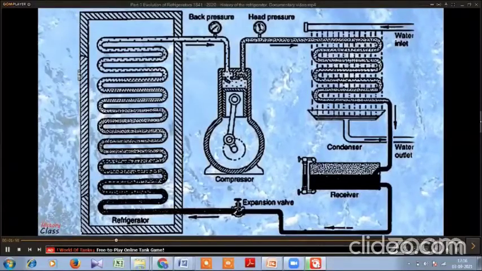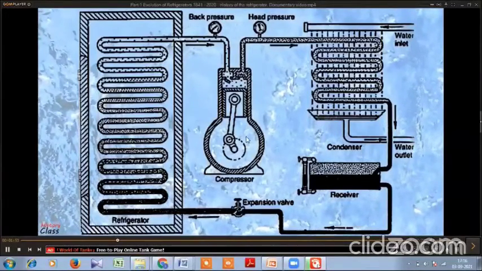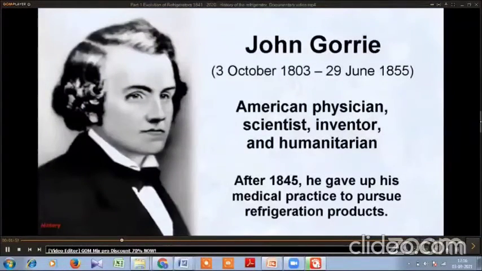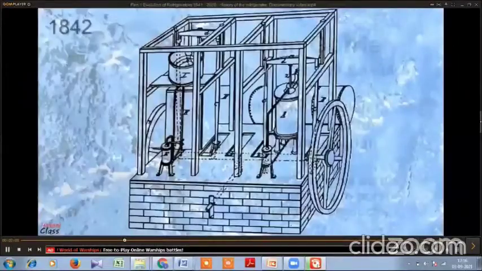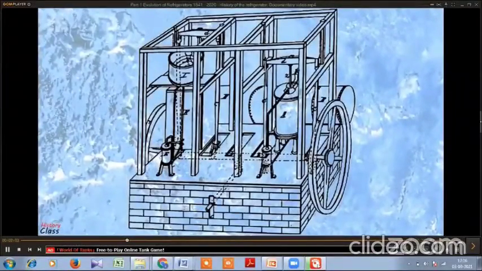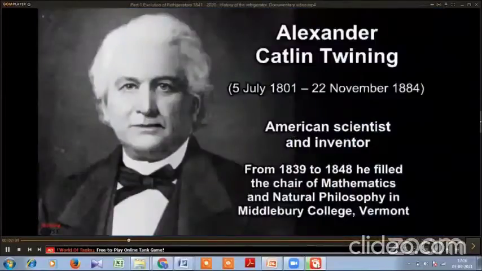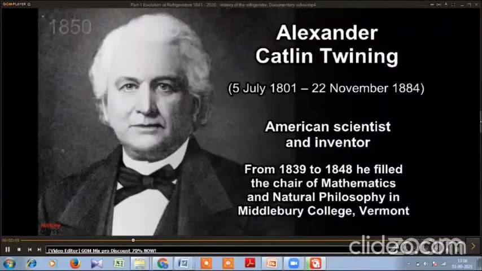It was a closed cycle device that could operate continuously. A similar machine was made in 1842 by American physician John Gorrie, who built a working prototype, but it was a commercial failure. American engineer Alexander Twining took out a British patent in 1850 for a vapor compression system that used ether.